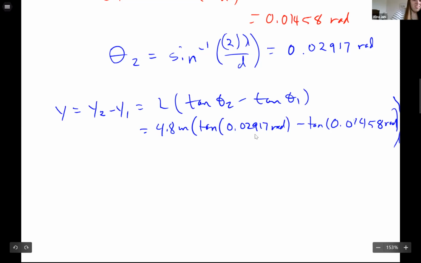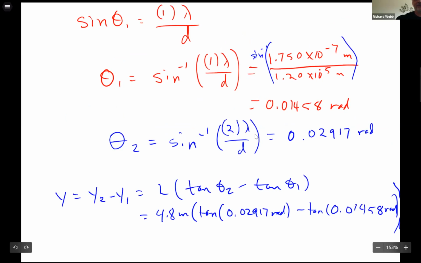Okay. And so then you put that in the calculator and you have your final answer for my numbers. Something you might note is, indeed, the small angle approximation would have worked out fine here. If I hadn't done arc sine, if I just put the argument, the comparable number would have been 0.02916 repeating.